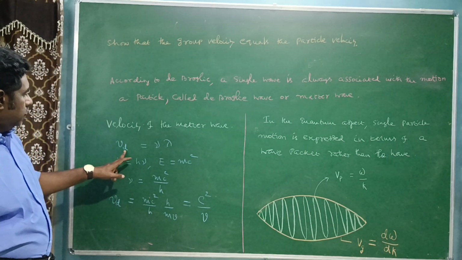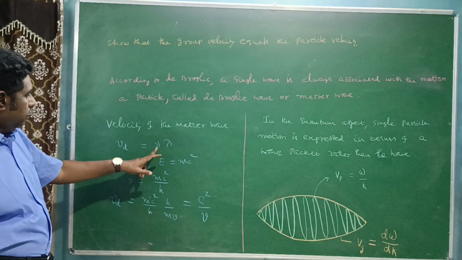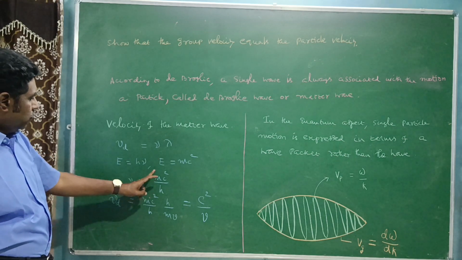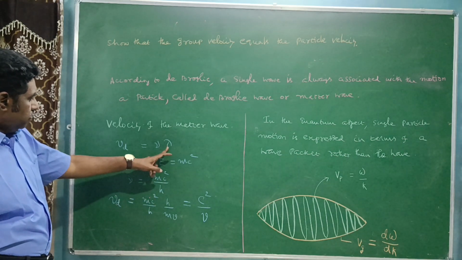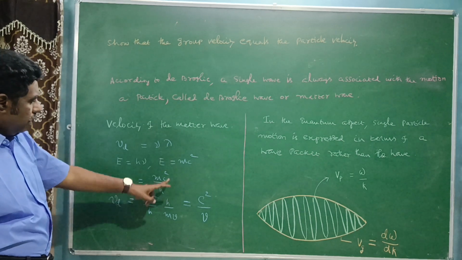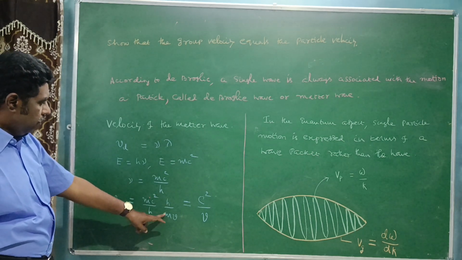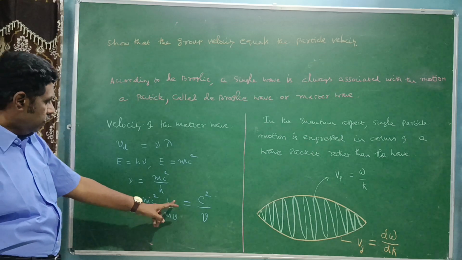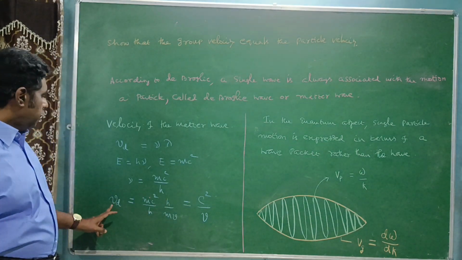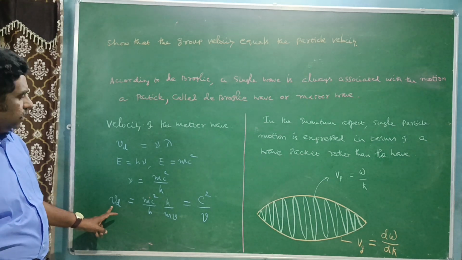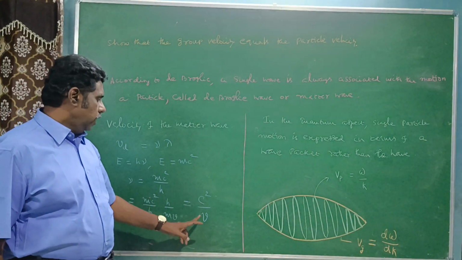The de Broglie wave velocity Vd equals nu lambda. Substituting nu as mc square by h, and lambda as h divided by mv, the de Broglie wavelength, we get c square by v as the answer. The de Broglie wave velocity equals c square divided by v.